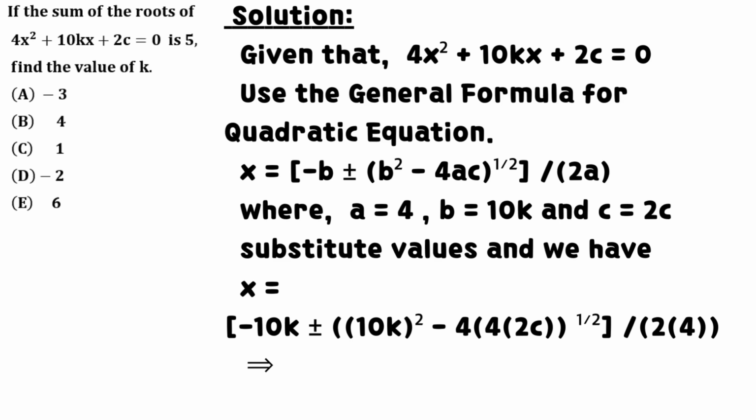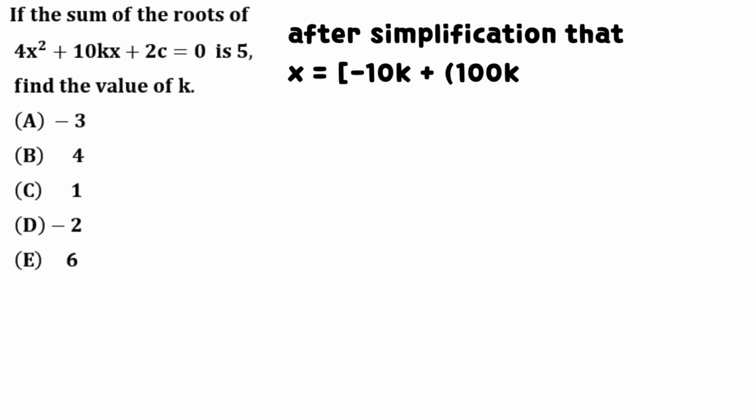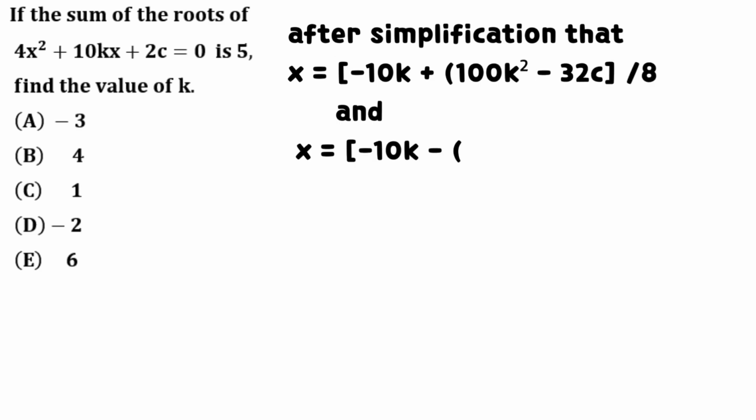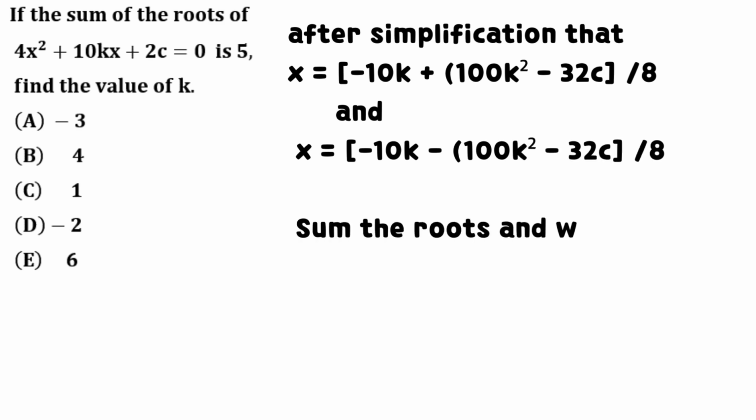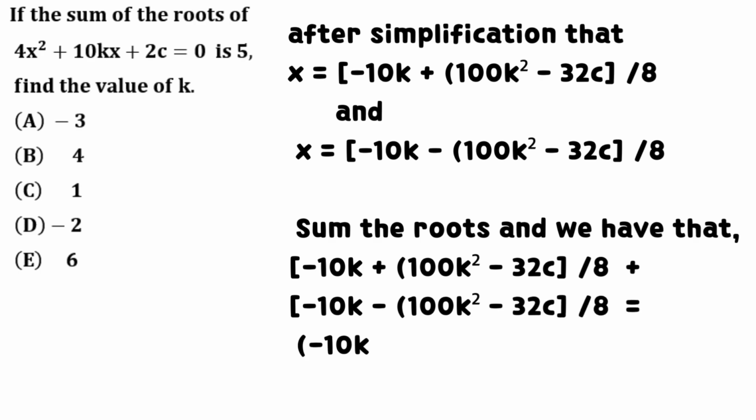It implies that after simplification, x equals negative 10 times k plus the square root of 100 times k squared minus 32 times c, all divided by 8. And x equals negative 10 times k minus the square root of 100 times k squared minus 32 times c, all divided by 8.